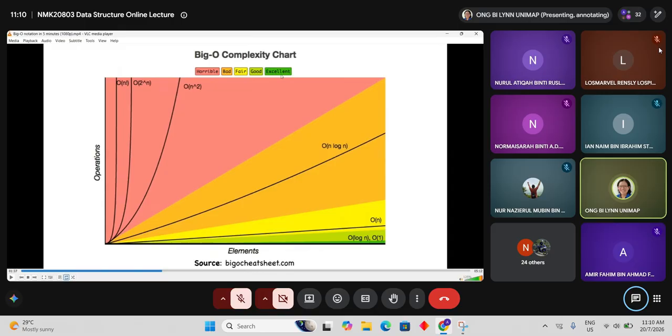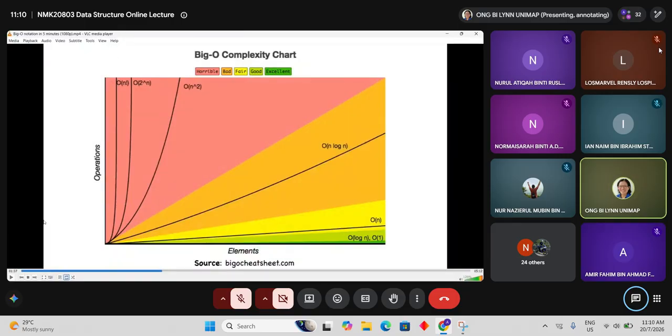So dia kata yang paling best case adalah yang bawah. Semakin tinggi dia menuju ke atas, semakin kompleks equation itu dan dia mengambil masa yang lagi panjang.